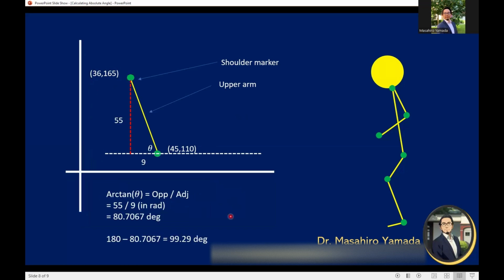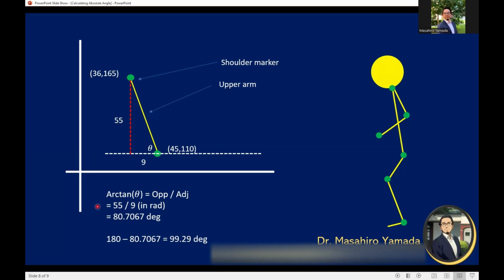Now that we have obtained the lengths of this right triangle, the angle you want to obtain is over here. Therefore, 55 over here would be the opposite side, and 9 over here is the adjacent. If you know the opposite and adjacent, you can use arctangent, or inverse of tangent, which is the ratio between the opposite and adjacent.